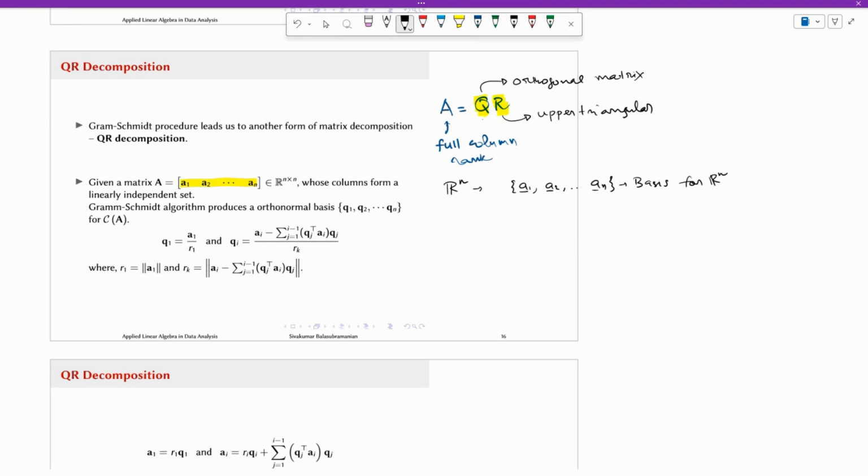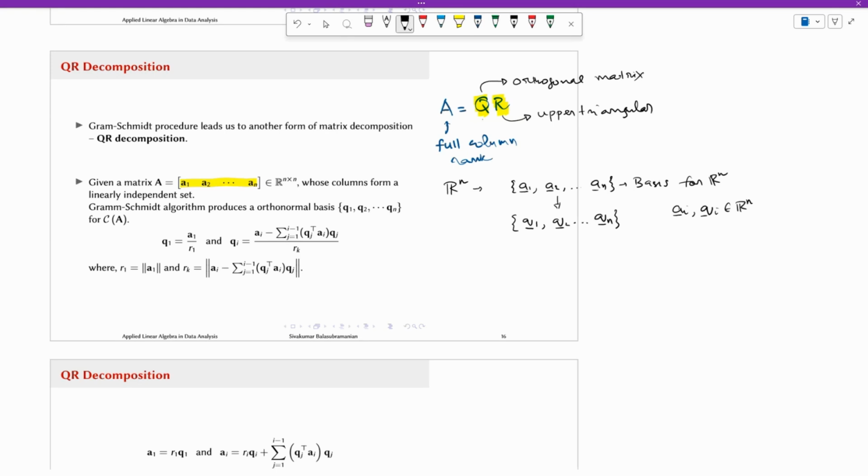That means linearly independent and spans Rn. Now, using this, I want to find an orthonormal basis for Rn. I'm going to call the orthonormal basis q1, q2, and notice that ai and qi are all elements from Rn. We know how to do this.